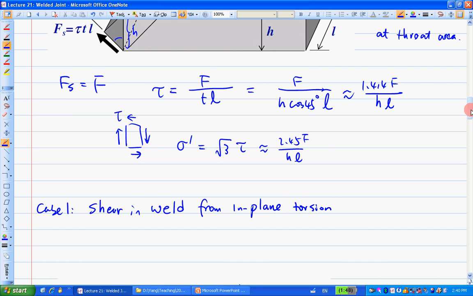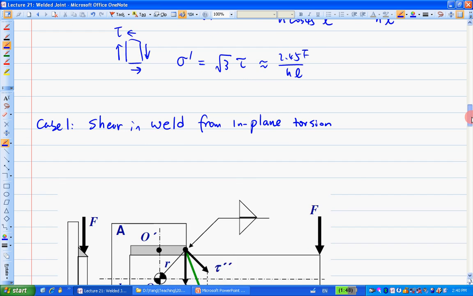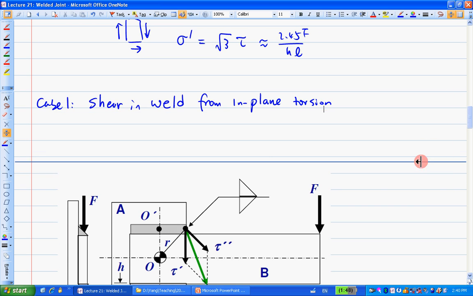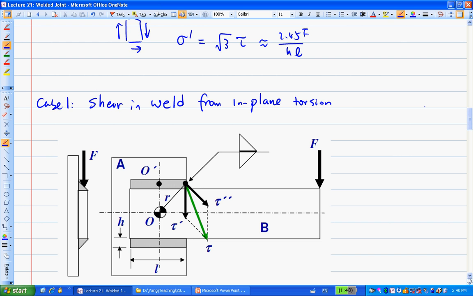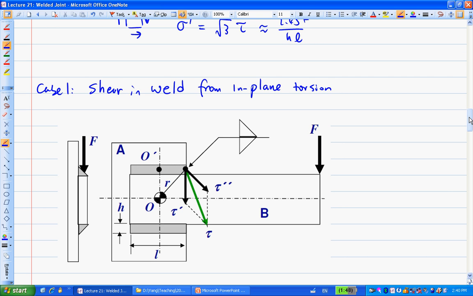Let me show you what we mean by in plane here. This is a diagram right here. Let's try to visualize the diagram. Basically, you have a parent metal right here, and you have another parent metal, base metal, right here. Then you weld these two together.